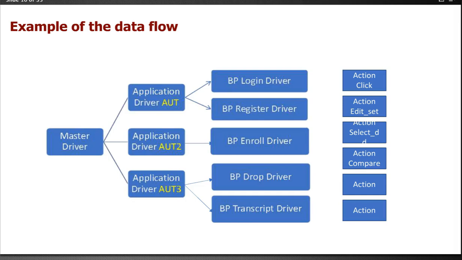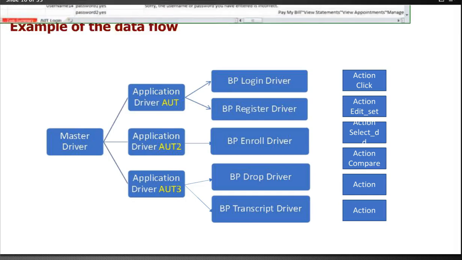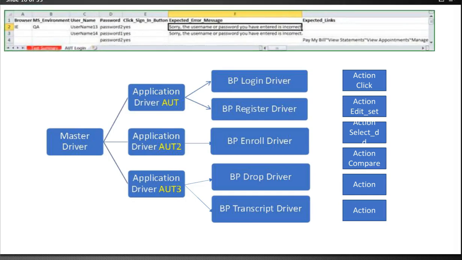Let me share with you an example of the data flow relative to the front end and our drivers, the back end. So we've got our input file. You'll notice there we've got our business process tabs, we've got our columns, we've got our different rows. And this file would then get fed in, if you will, into our master driver.